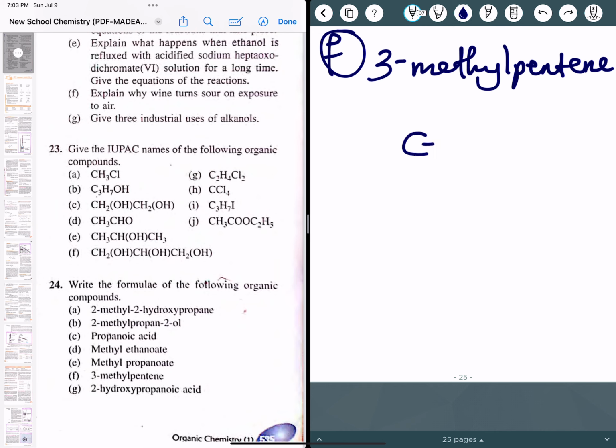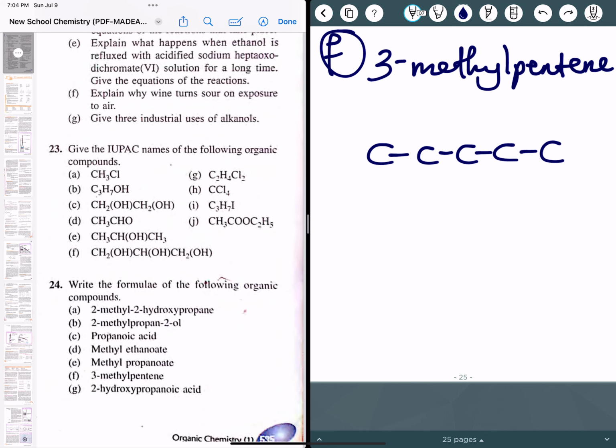Pentene is 5 carbon atoms, 1, 2, 3, 4, 5. Since the position of the double bond that makes it an alkene is not indicated from the name of the compound, if it had been pent-2-ene we'd put it here, if it had been pent-1-ene we'd put it here.